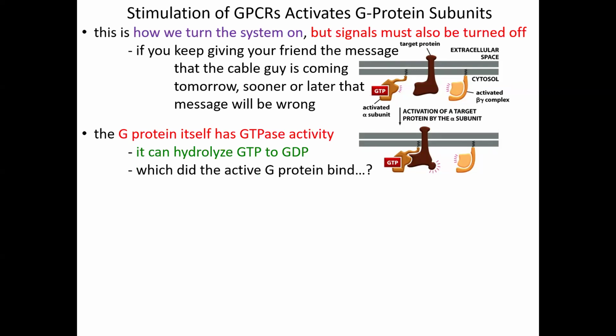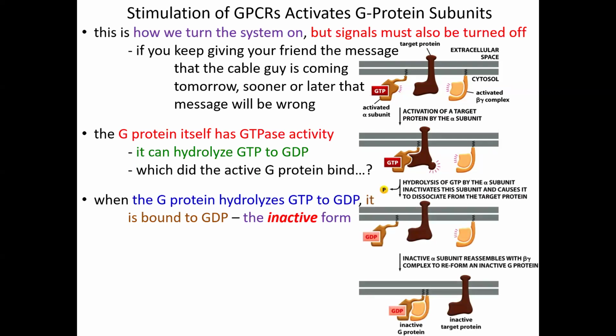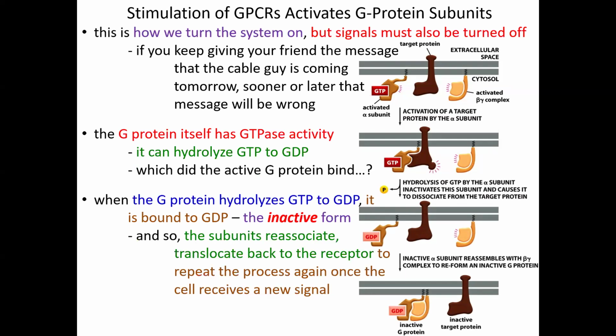Well, that leads to the inactive form of the G protein. So G proteins turn themselves off. When the G protein hydrolyzes the GTP it picked up, leaving GDP, guanosine diphosphate, it is now bound to that GDP, and therefore that G protein is now inactive.